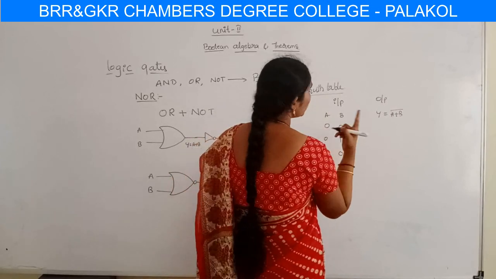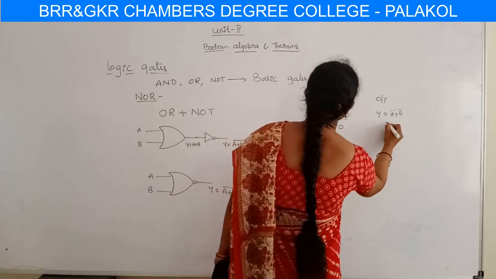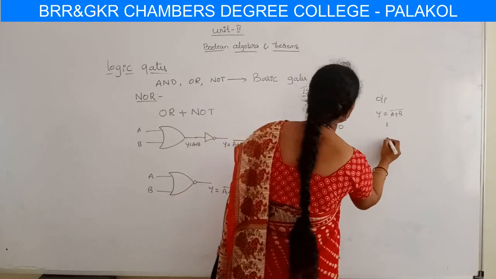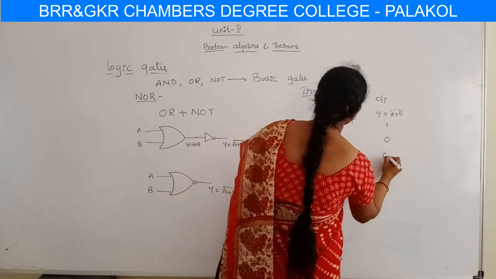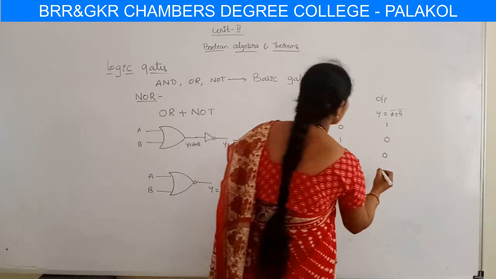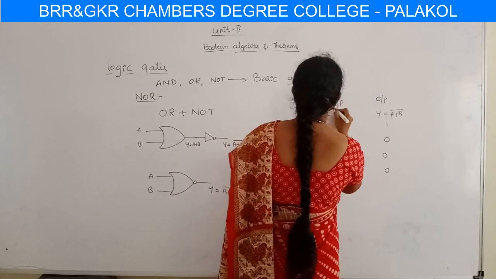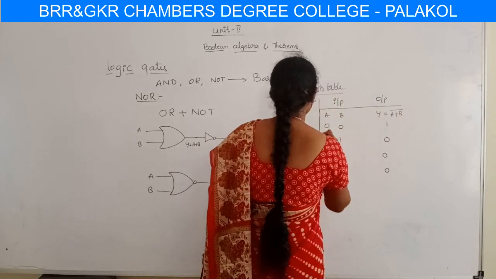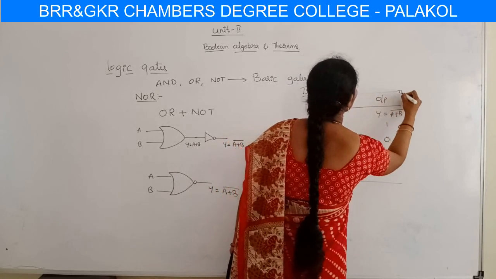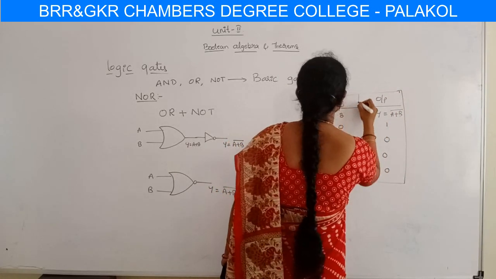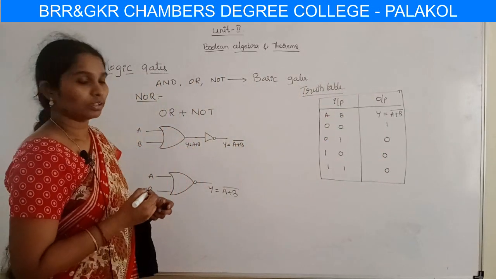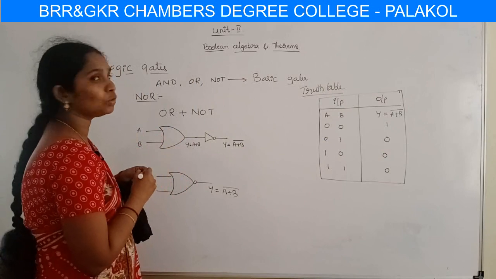So 0 plus 0 is 0, 0 bar is 1. 0 plus 1 is 1, 1 bar is 0. This is also 1, 1 bar is 0. And 1 plus 1 is 1, 1 bar is 0. Okay, so this is the truth table for the NOR gate.